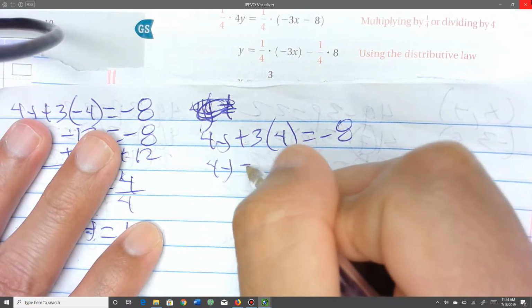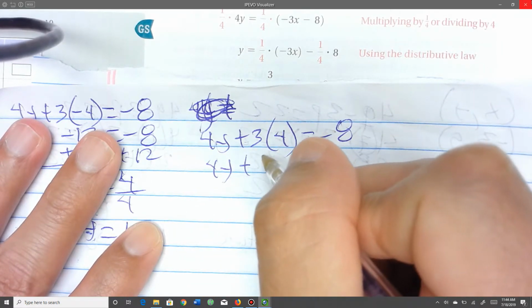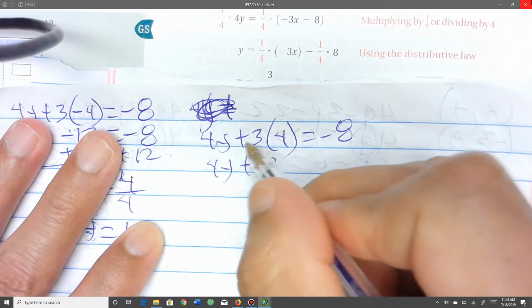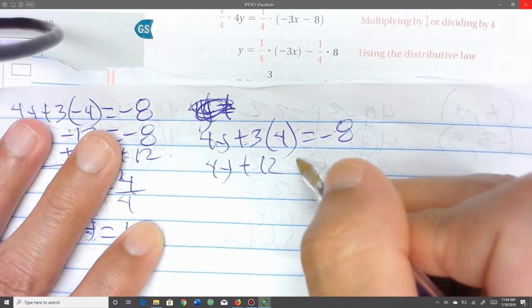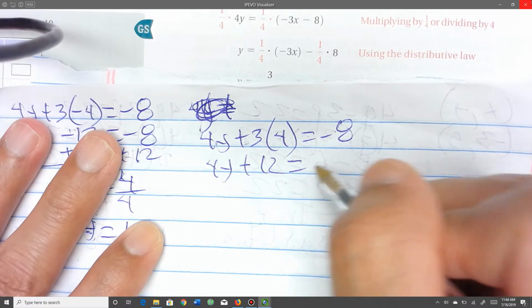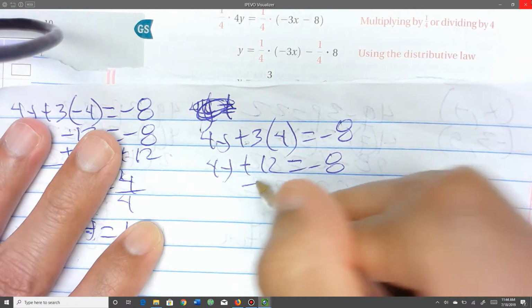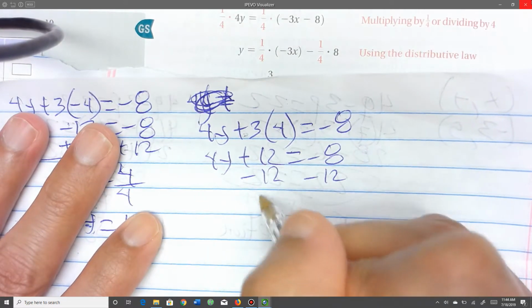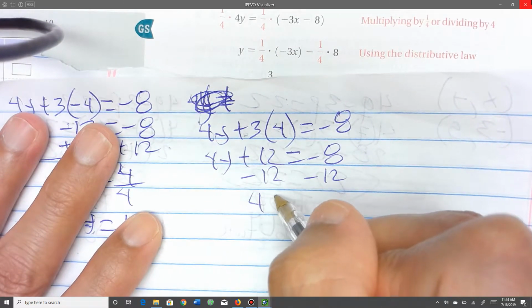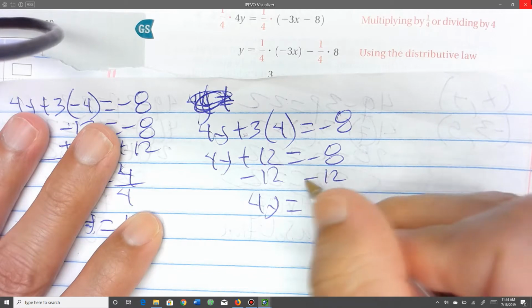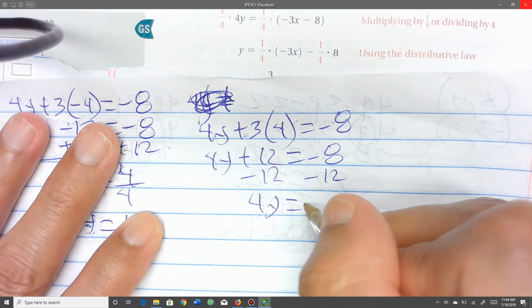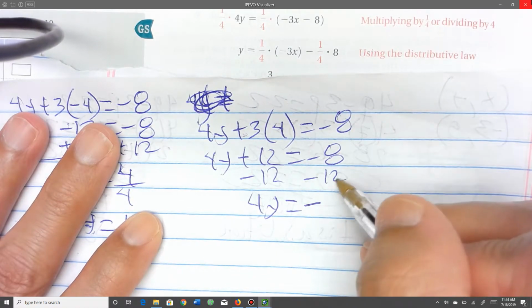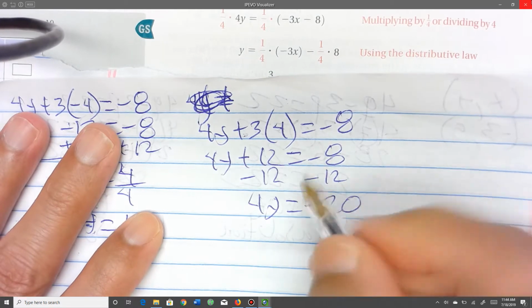Rewrite everything. Multiply this. That's 12. Positive and positive, it's going to give you a positive 12. That's negative 8. Use the addition principle. Rewrite everything. These two add up, so add them up. That equals 20.